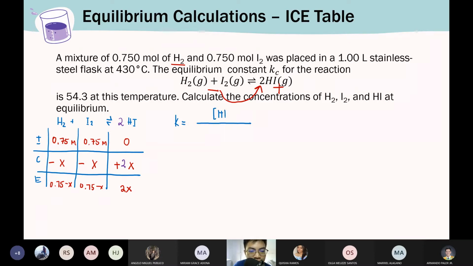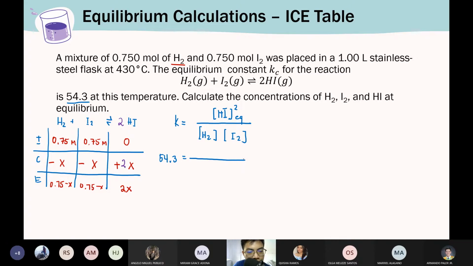So it will be the concentration of HI squared over the concentration of H2 times the concentration of I2. Tapos, plug in the values. Okay? So, your K is 54.3.